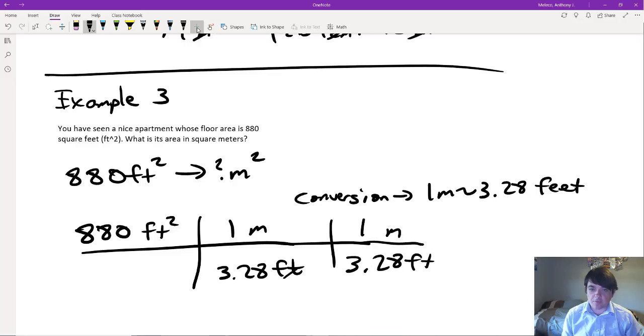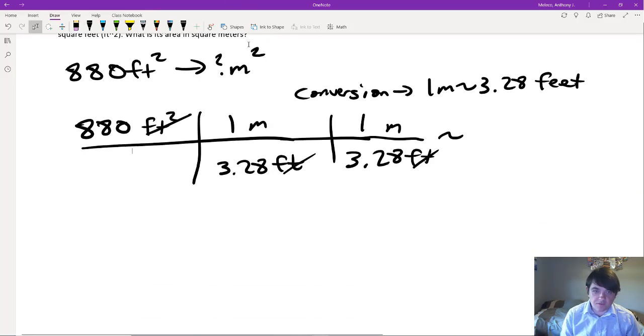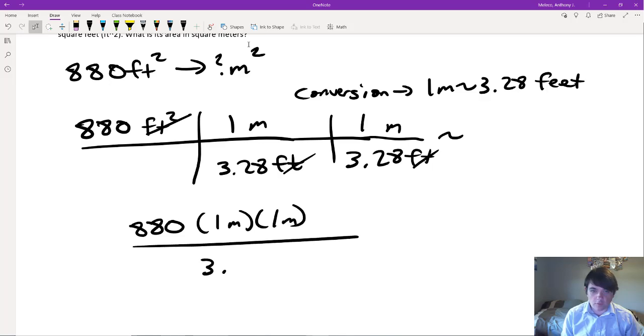Okay, and now these will cancel out, and then this is approximately 880 times 1 meter times 1 meter over 3.28 times 3.28. I guess I'll throw in the feet squared just so you can see that.